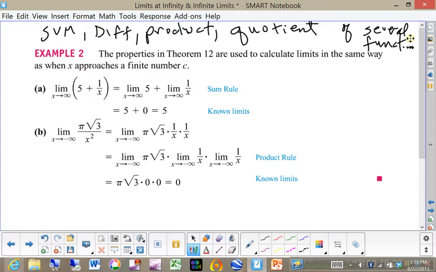So you can add, subtract, multiply, and divide these individual limits. And this is pretty much intuitive.